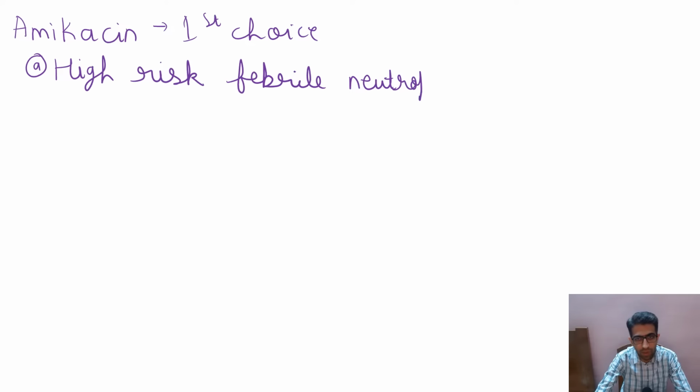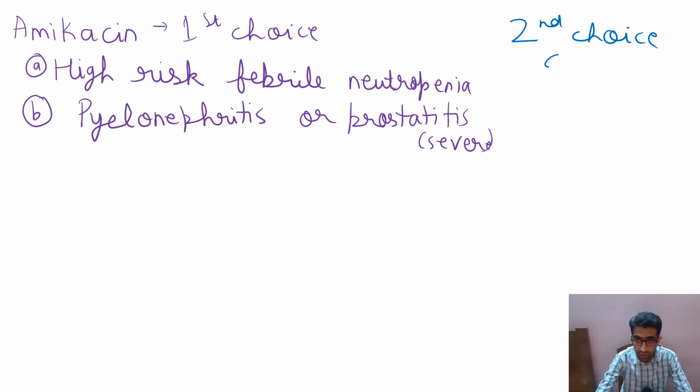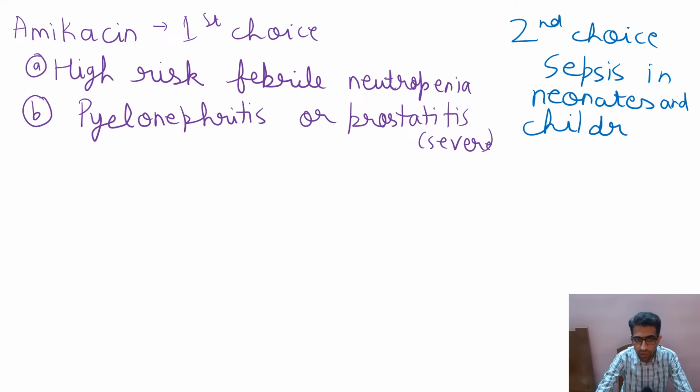High risk febrile neutropenia, and also in pyelonephritis, you know what is pyelonephritis, or prostatitis, it is severe. Okay, and amikacin is a second choice drug in the case of sepsis in neonates as well as in children.